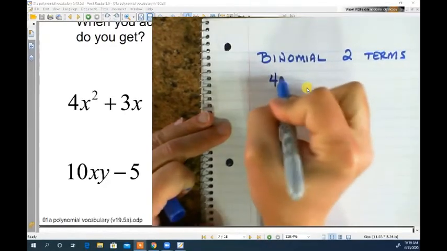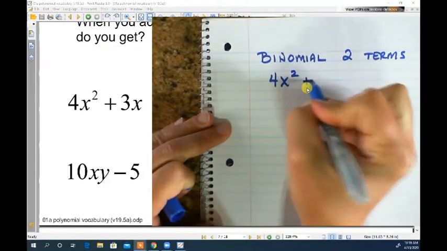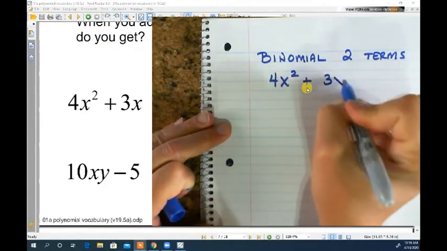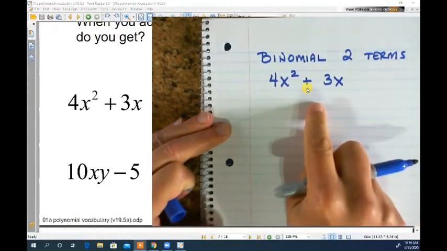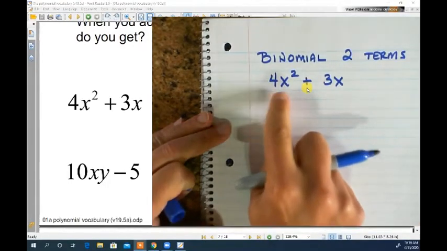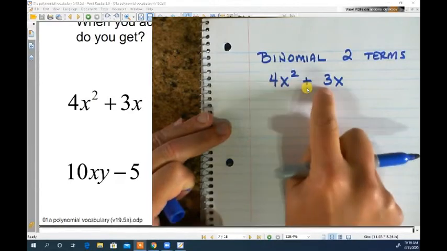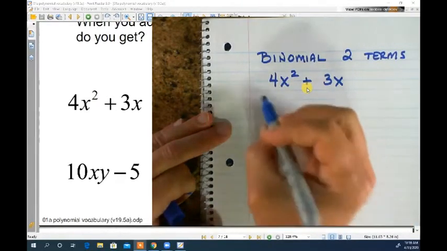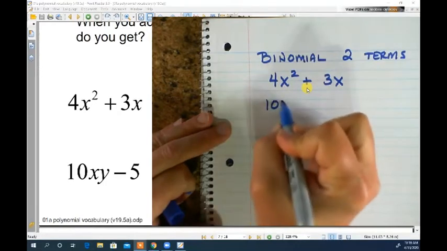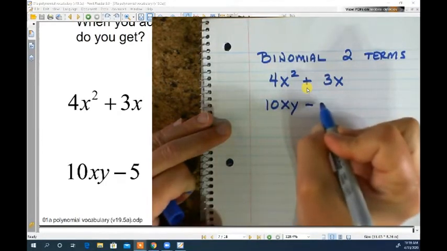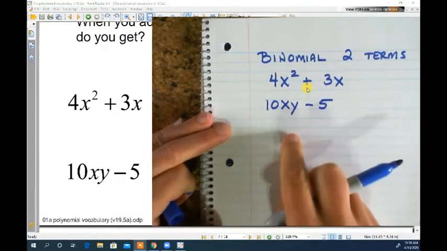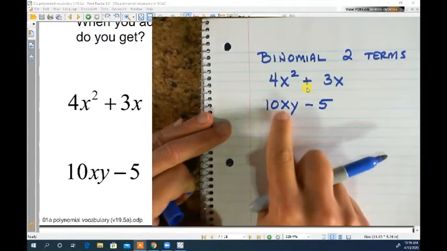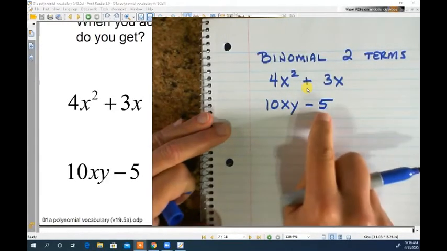So 4x squared plus 3x, that's a binomial. Coefficient, variable, exponent, coefficient, variable. This is a binomial. Coefficient, variable, variable.